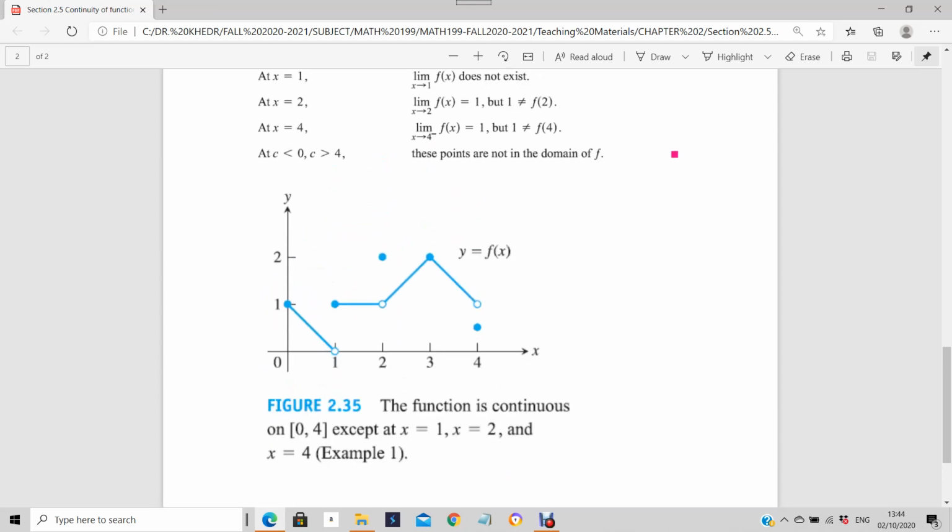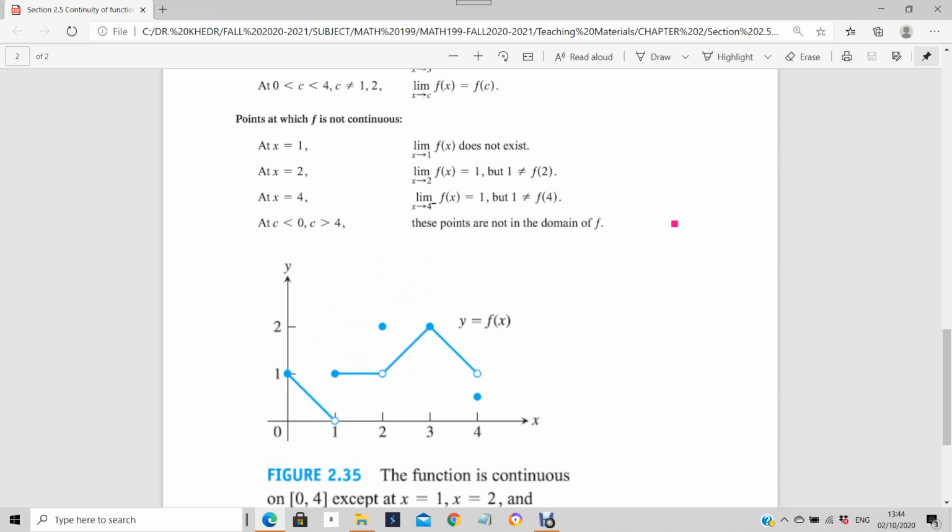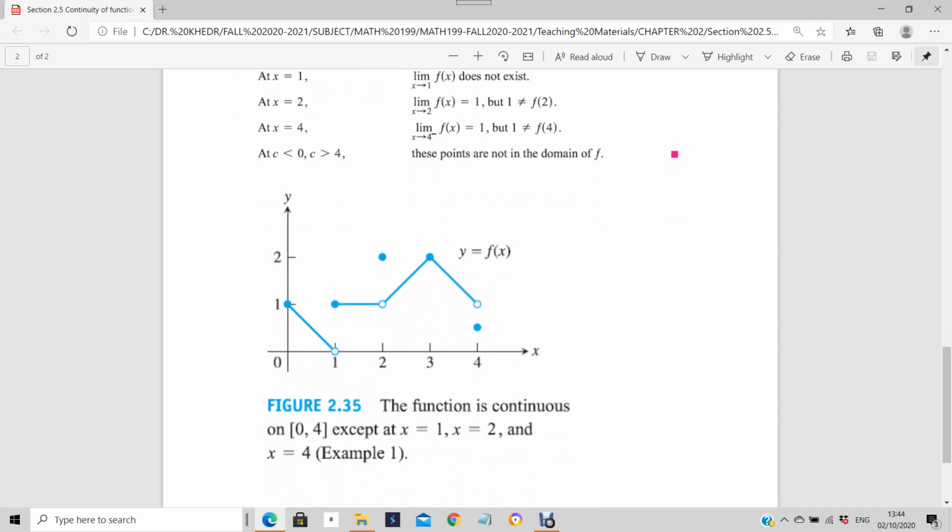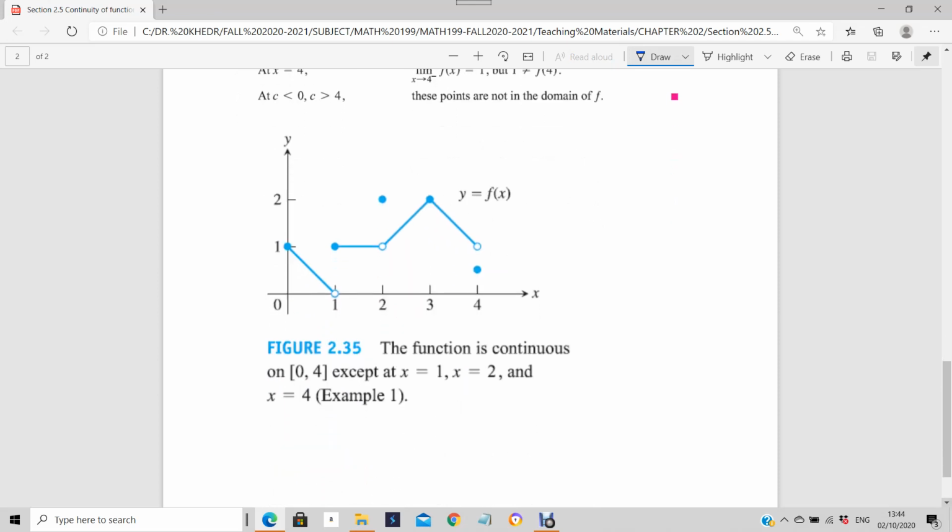Let me show the steps of solving these kinds of problems. I will choose point 1, point 3, and maybe point 0 as well. Let me start at x equals 1. To test the continuity of this function, first we have to find the limit of the function at x equals 1, so first the 2-sided limits.